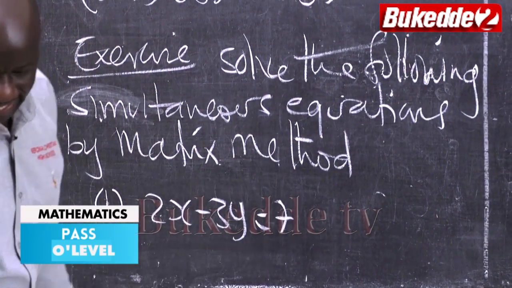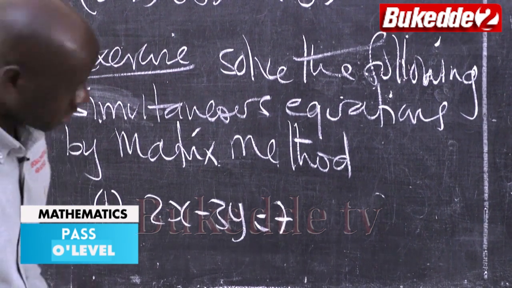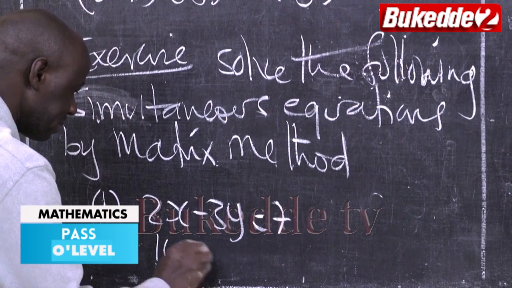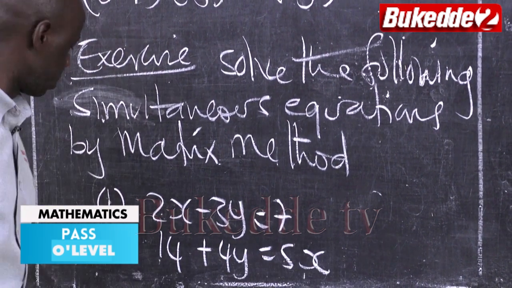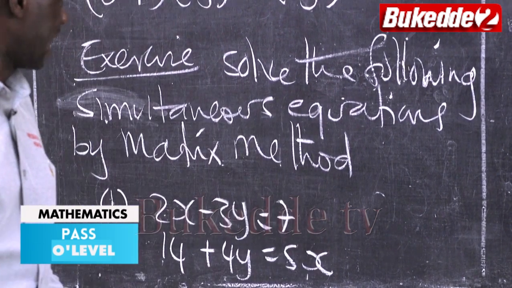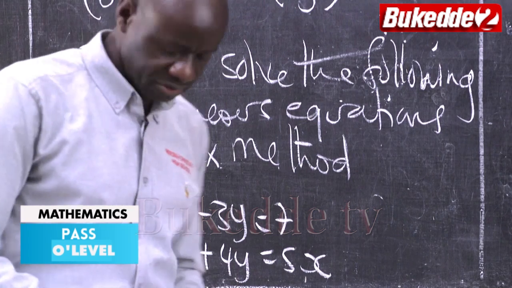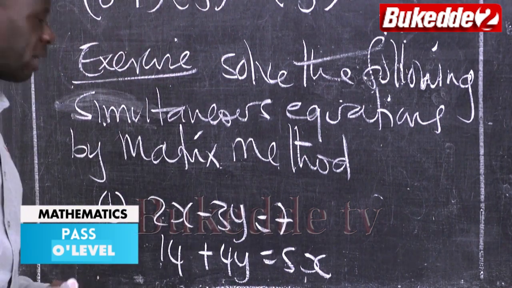And then its sister equation is 14 plus 4y is equal to 5x. So I'd like you to solve that one. I could give you another one, but first try out that one and see whether you are on track or not.